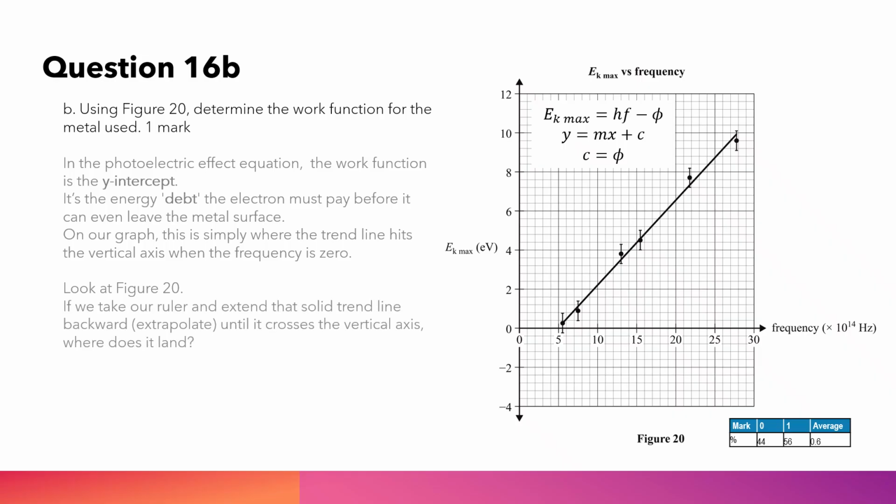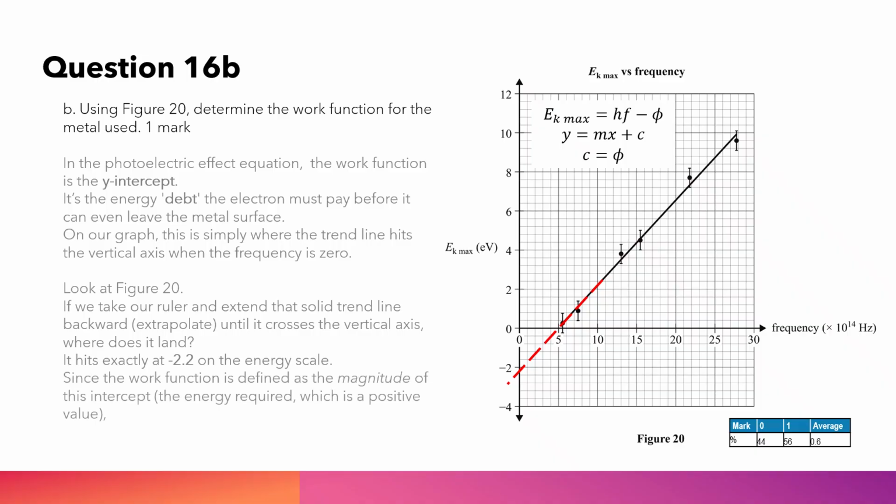If we take our ruler and extend that solid trend line backward, extrapolate, until it crosses the vertical axis, where does it land? It hits exactly at negative 2.2 on the energy scale. Since the work function is defined as the magnitude of this intercept, the energy required, which is a positive value, our answer is simply 2.2 electron volts.